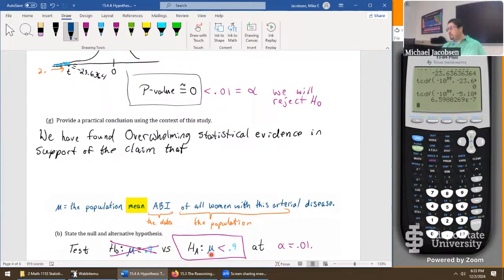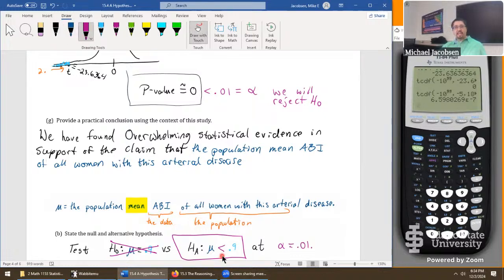We have overwhelming evidence in support of the claim that the population mean ABI of all women with this arterial disease, it's peripheral arterial disease, but we'll just say this arterial disease, is less than 0.9.